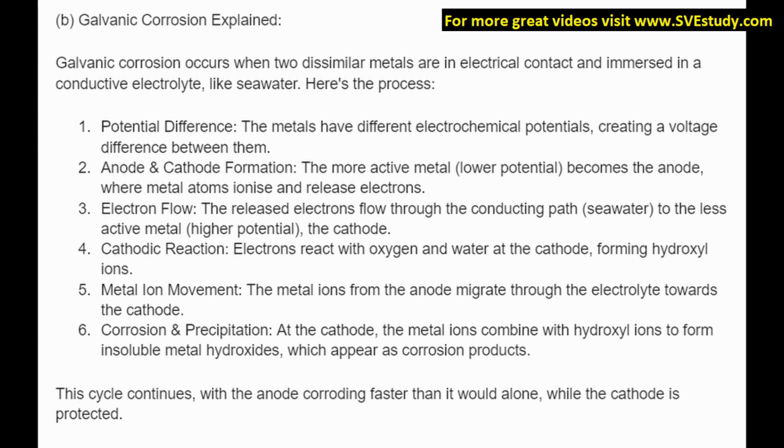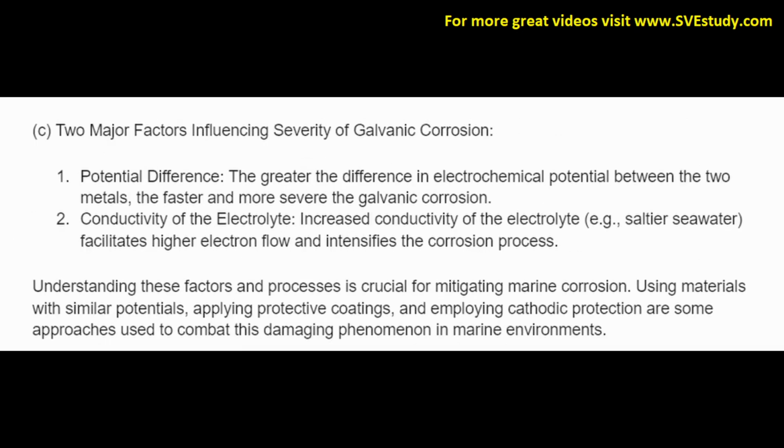At the cathode, the metal ions combine with hydroxyl ions to form insoluble metal hydroxides, which appear as corrosion products. This cycle continues, with the anode corroding faster than it would alone, while the cathode is protected.